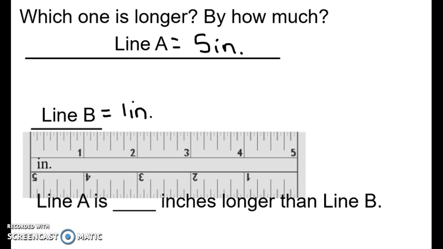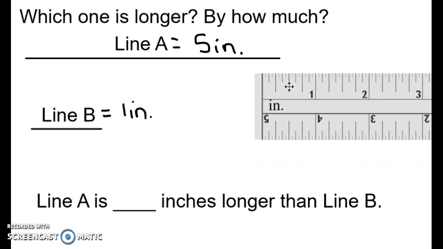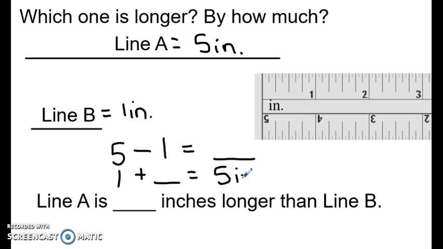And now I need to think and figure out how much longer is line A. Well, again, I have my 2 ways to think of it. So I can either subtract line B from line A to figure out how much longer it is, or I could think to myself, how much more can I add to line B to get the same length as line A?